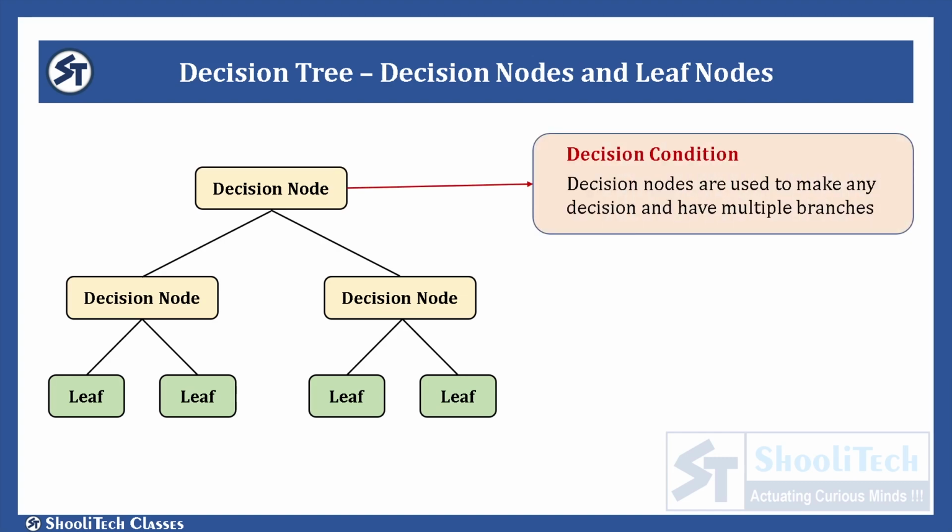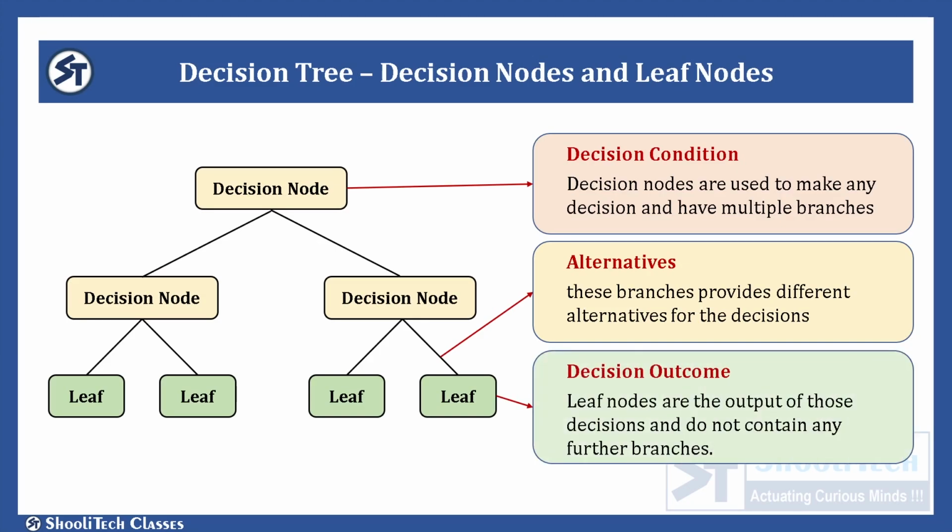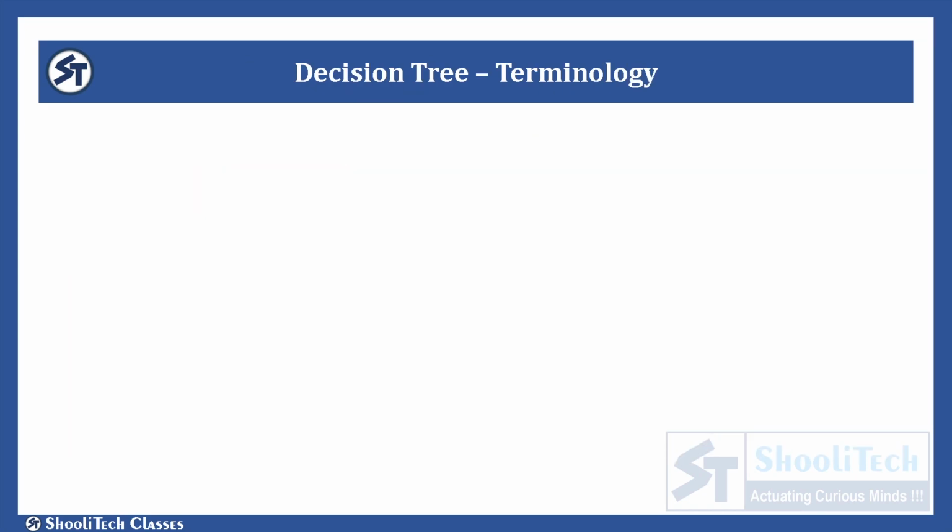Decision nodes are used to make any decision and have multiple branches. These branches provide different alternatives for the decisions, whereas leaf nodes are the output of these decisions and do not contain any further branches. Now, let's discuss the important terminology of decision tree.